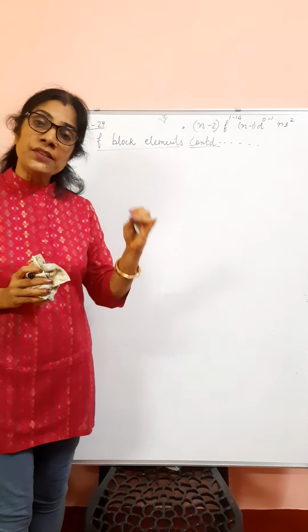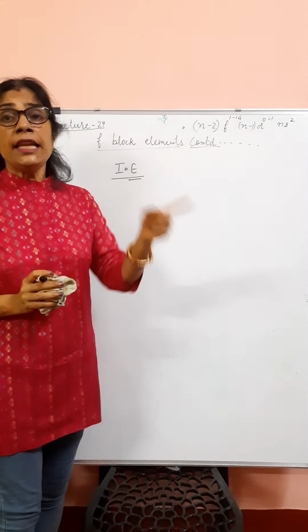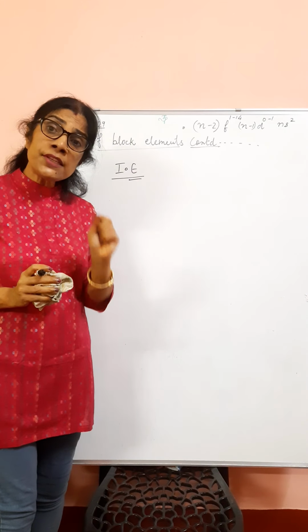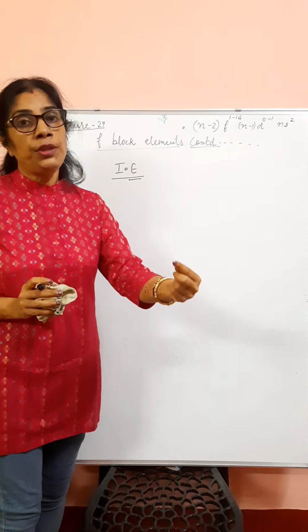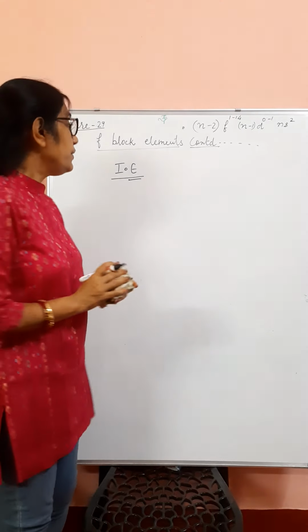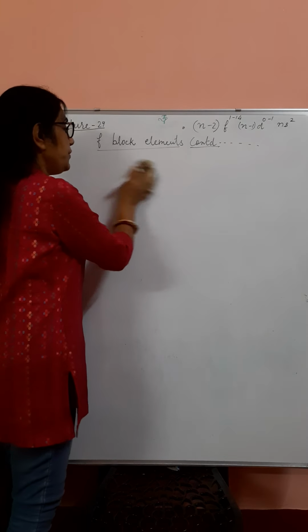And their ionization energy is comparable to alkaline earth metals. Second ionization energy is just double as compared to the first ionization energy, and it is comparable to group 2, that is alkaline earth metals. And because of high ionization energy, lanthanoids are less reactive as well.